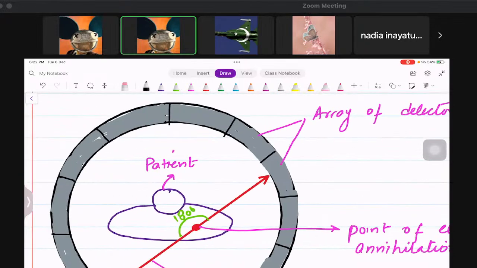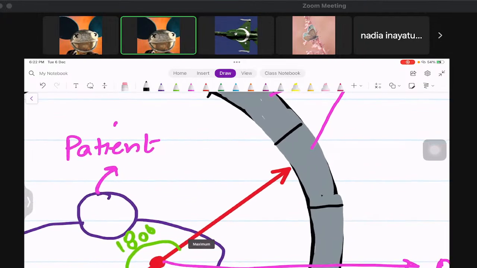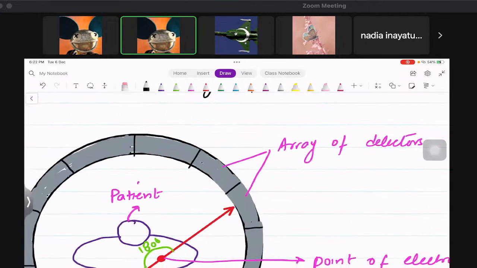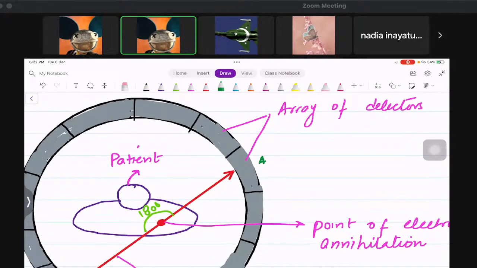Suppose this is detector A and this is B. Because this point is closer to A, the photon is going to reach detector A faster than B, because it needs to travel less distance. Do you guys understand this?